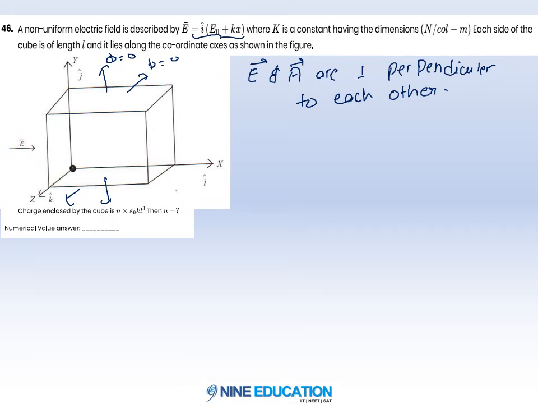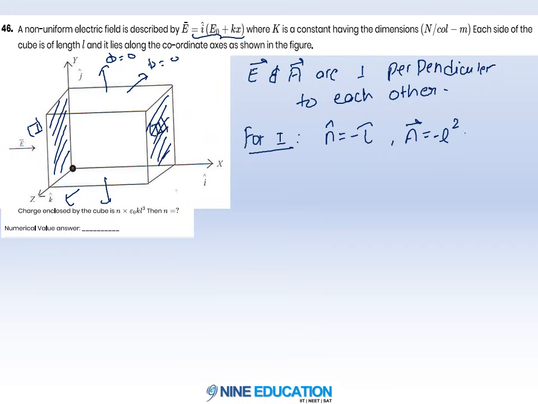Right? So the electric field is only passing through these two faces, 1 and 2. So let's mark the first face, mark the second face. For the first, the normal vector is in minus i cap direction. So the area vector becomes minus L square i cap.